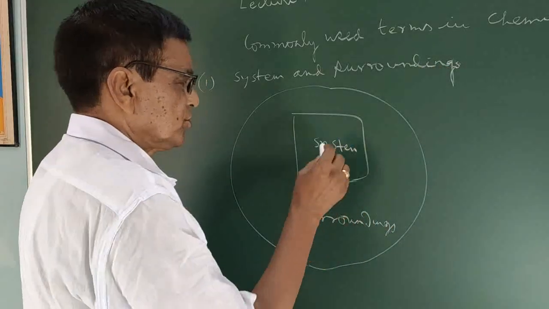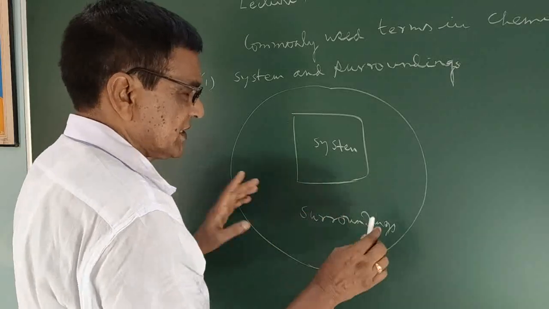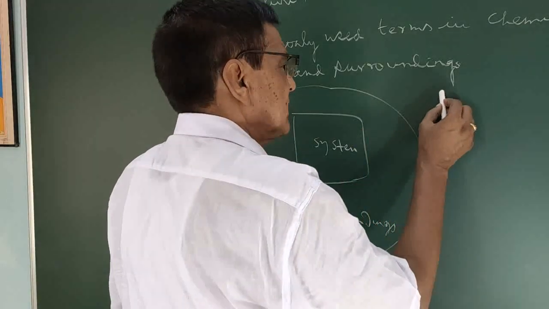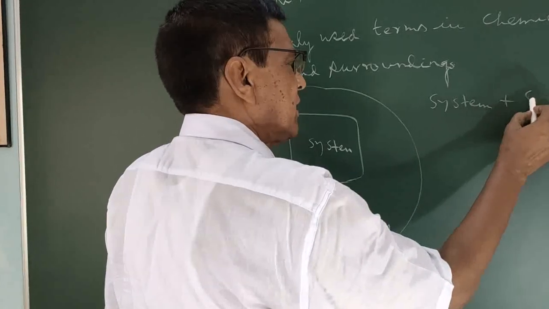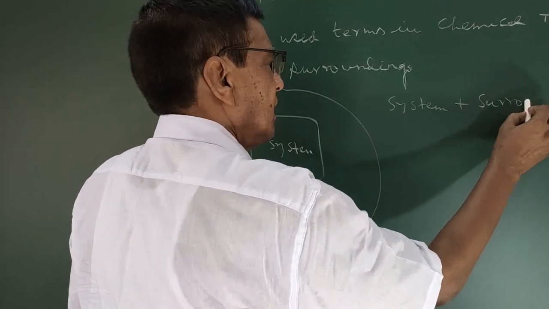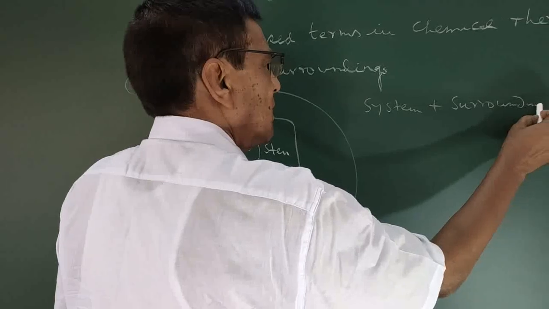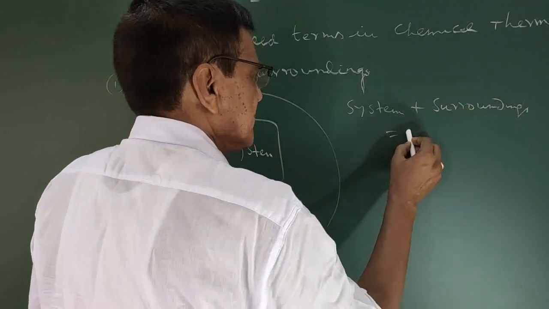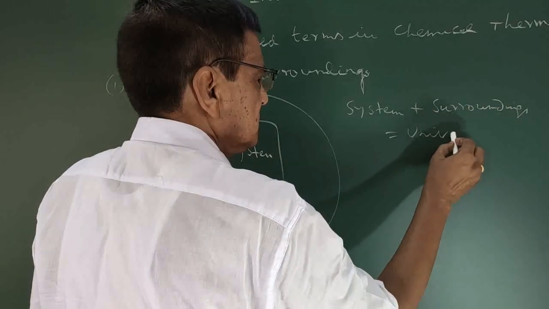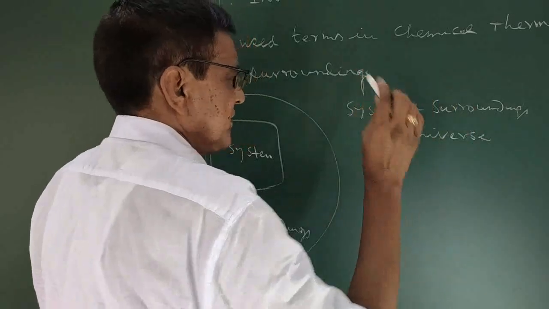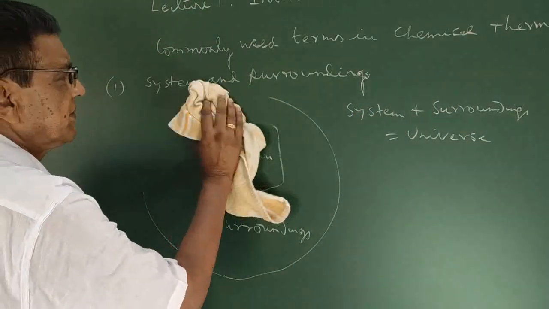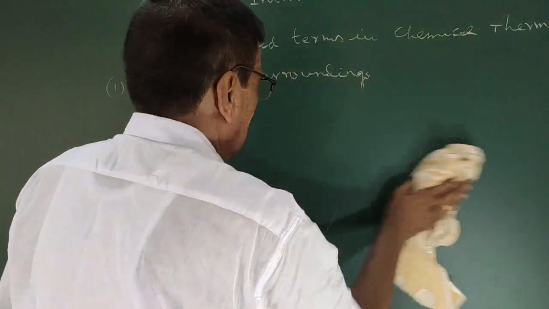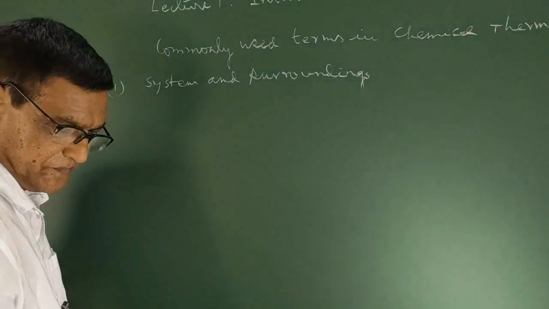So system, the rest part is surrounding, and so the system plus surroundings gives this universe. And system could be divided into several types depending on some properties.